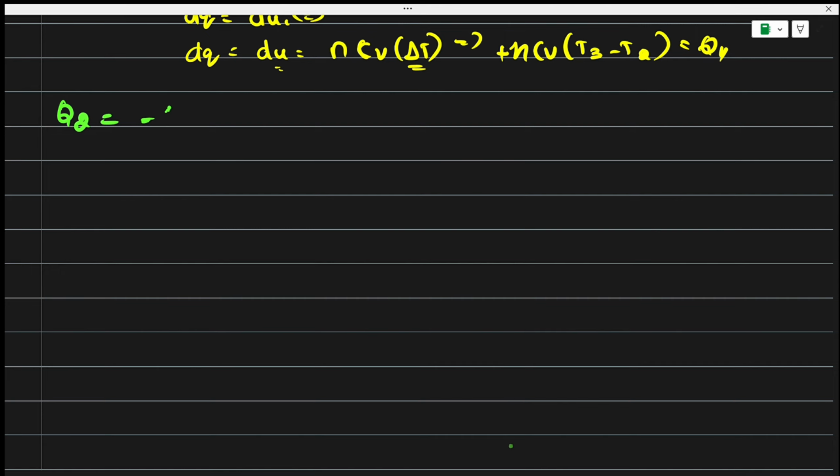Since the process is from 4 to 1, let's take nCV (T1 minus T4), and taking the negative sign inside, nCV (T4 minus T1) is the value of Q2.